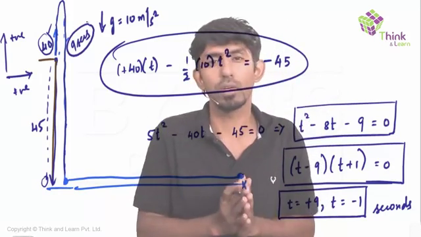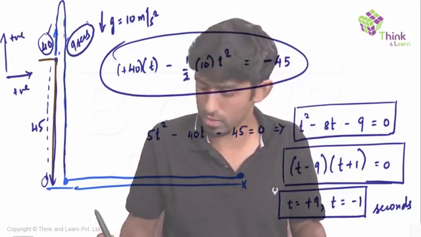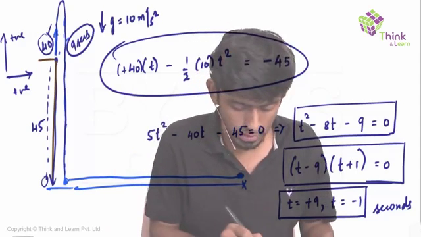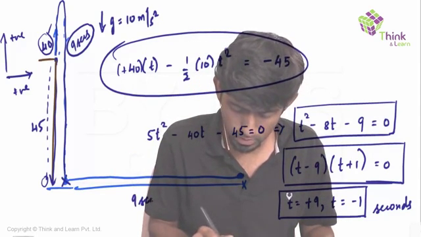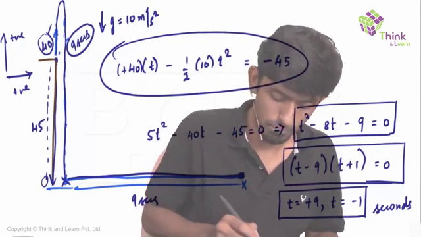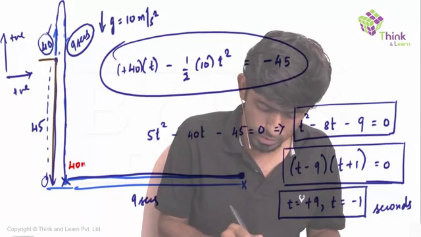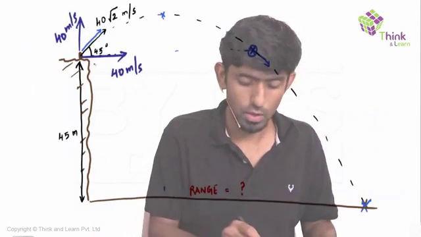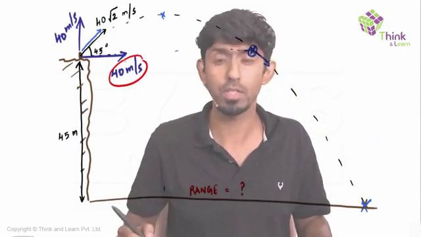And with that, your answer is almost solved, nothing else. What do you have now? You know the ball gets a time of 9 seconds to travel this horizontal distance. With what speed will it travel? This horizontal ball? 40 meters per second, right? Because we calculated our horizontal velocity to be 40 meters per second.